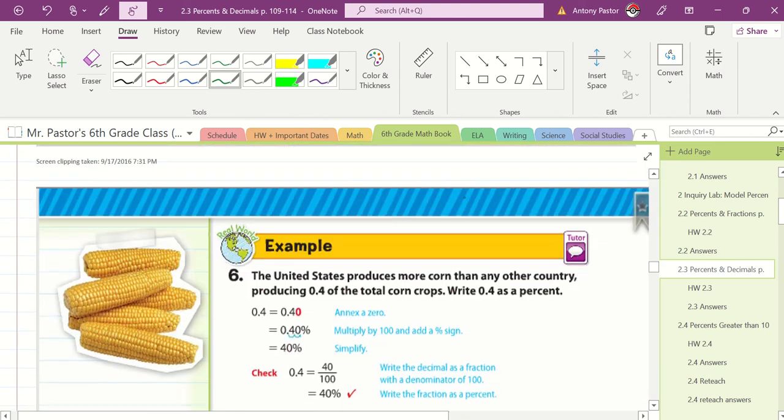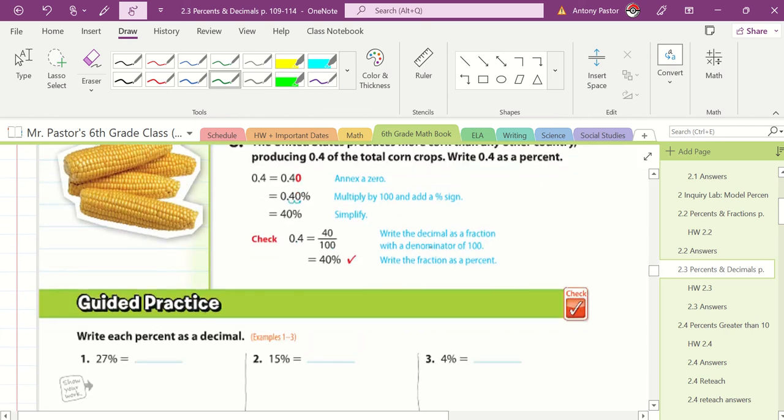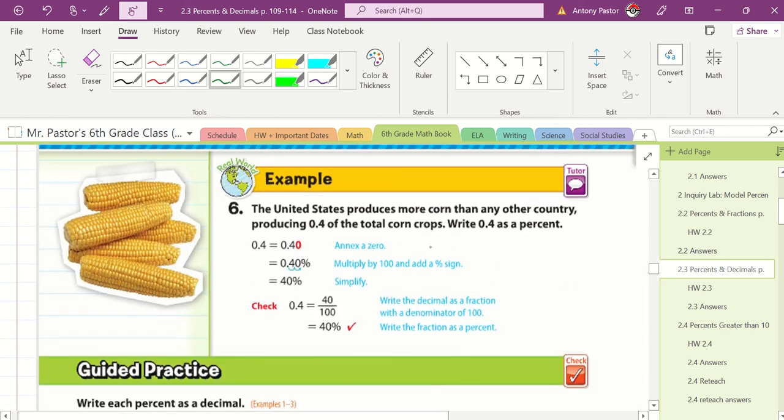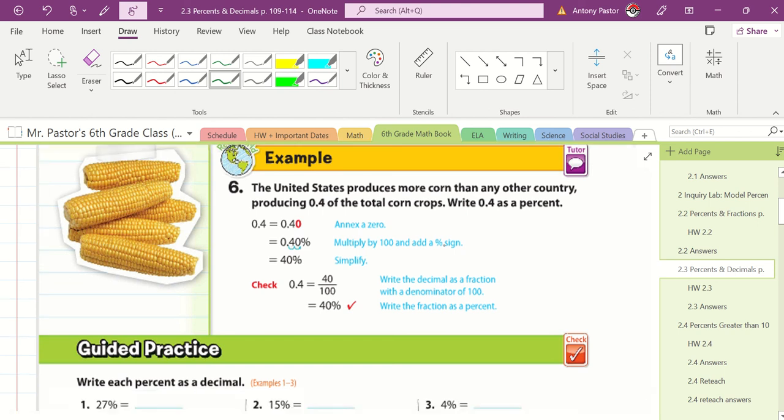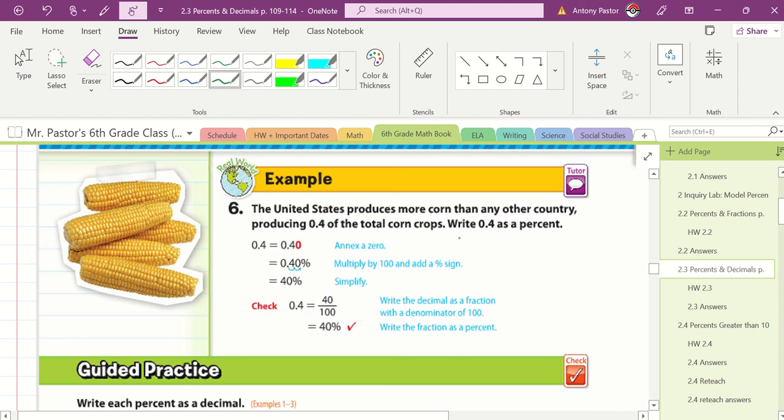And that's basically it. Again, right here in this example, they're talking about annexing a 0 so that you can jump over. Again, we've talked about this, all percentages need to be out of 100. Your decimals are going to be the same thing. They didn't talk about rounding in this lesson, but I front-loaded that for you because you're going to need to be familiar with that.